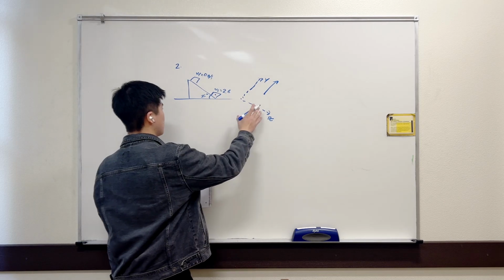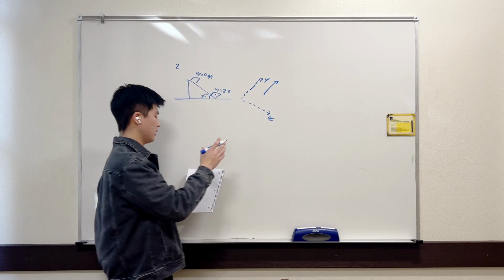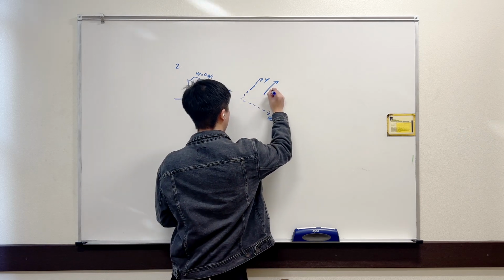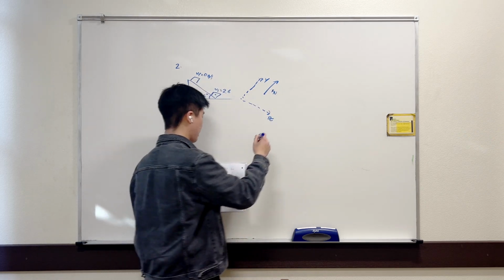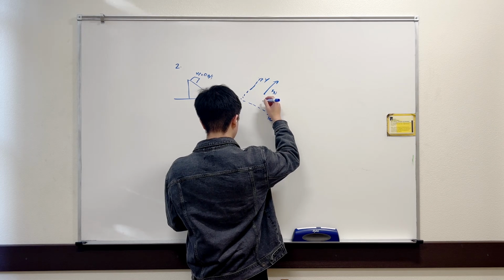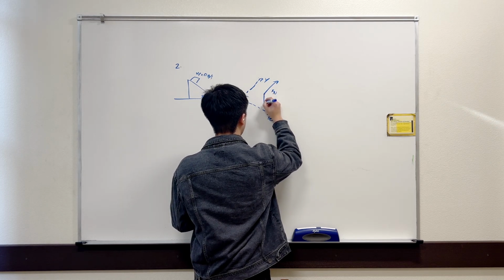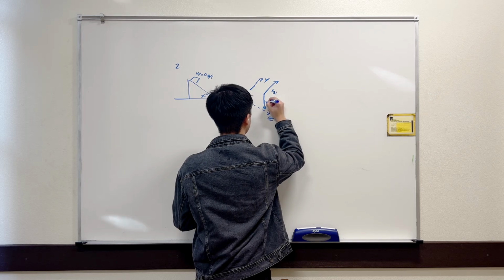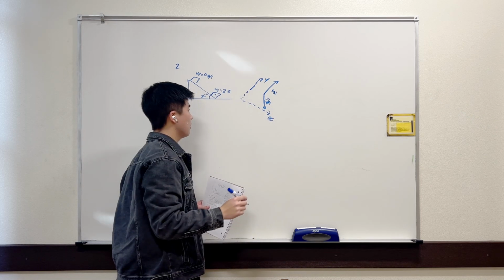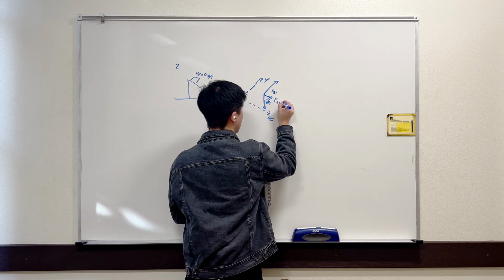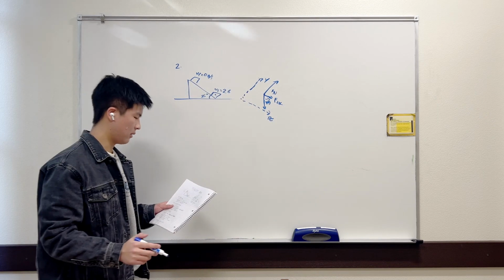And so this is the free body diagram as the object is going up. We also have the weight going downwards, so mg, and then we also have the kinetic friction force going in that positive x direction.